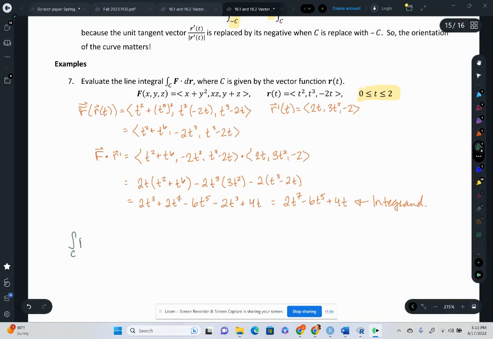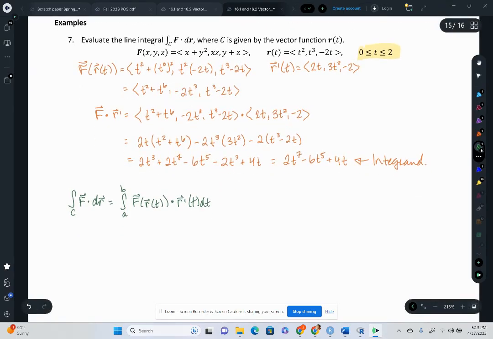The line integral over c of f dot dr, just to recall, is the integral from a to b of f of r of t dotted with r prime of t dt. We've already calculated what we need, so let's put it in.